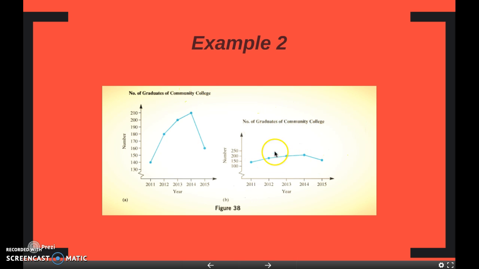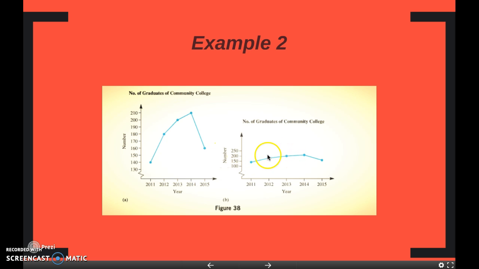As soon as we see this picture, we see that the numbers are pretty even. So it's not a huge difference. The numbers have been constant, that's good. That will make you want to go to this college. However, if you pay close attention, you see the brackets, the numbers do not start at 0. And you see that 150 is here, a little bit under 200.